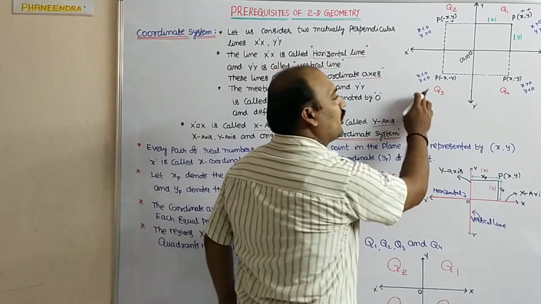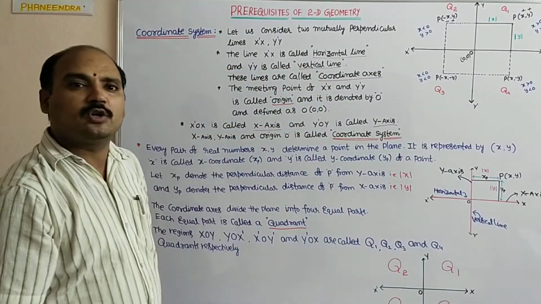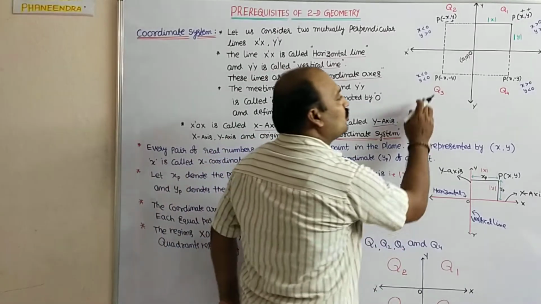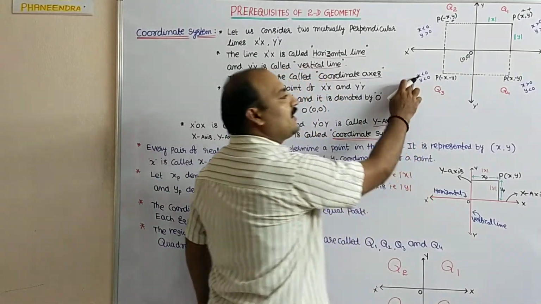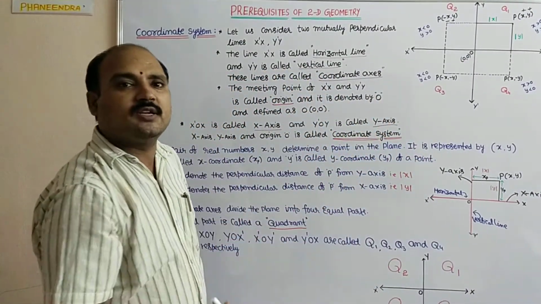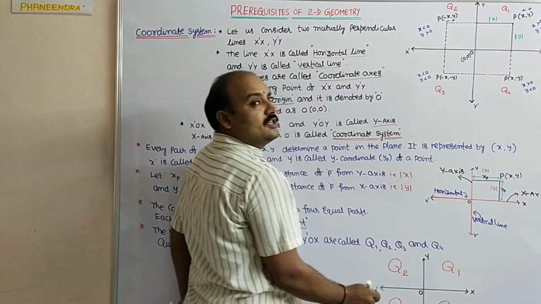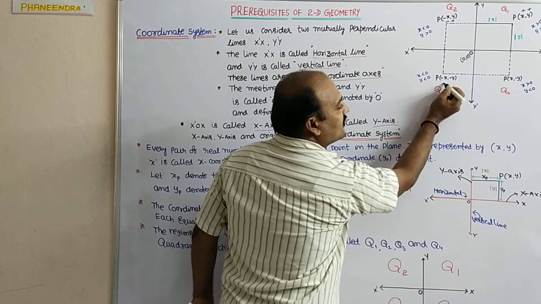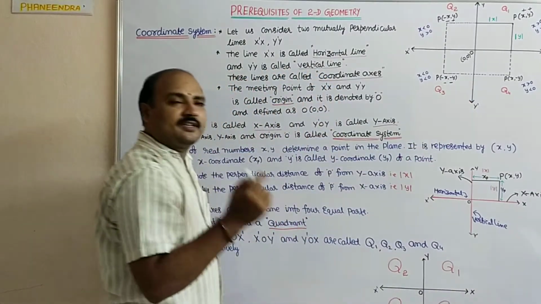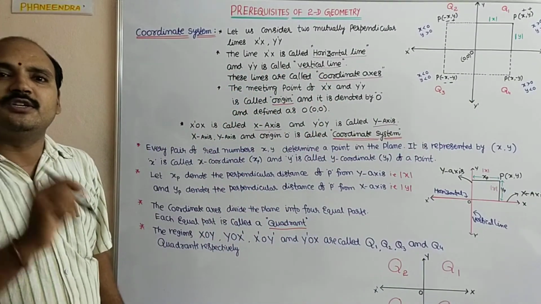Similarly, come to the third quadrant. For a point which belongs to Q3, x is less than 0 as well as y is less than 0. Therefore, the point is in the form P of minus x comma minus y. Both x and y coordinates should be negative.